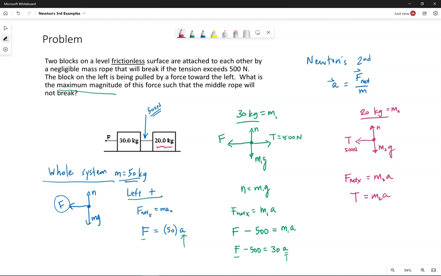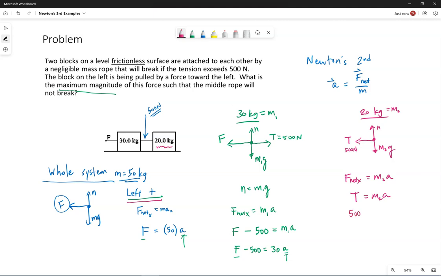So I'm being consistent in terms of to the left being positive. And again, I chose that just because I knew that was the direction they would move in. So both that pulling force and the acceleration will end up being positive. In the case of the 20 kilogram box, the tension is to the left, which is creating the acceleration.